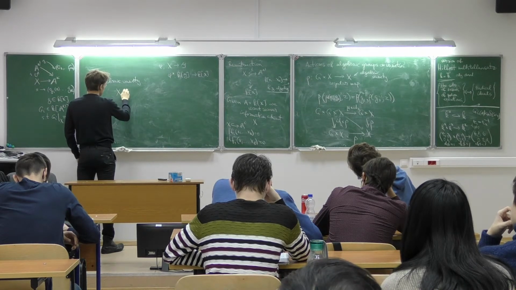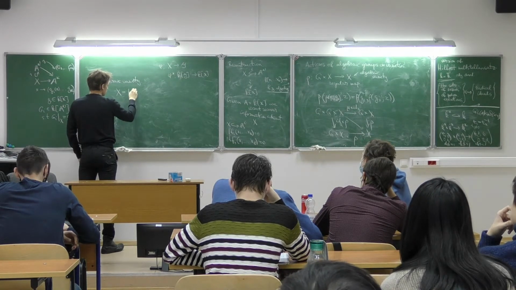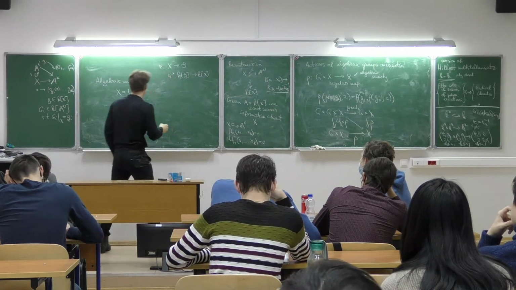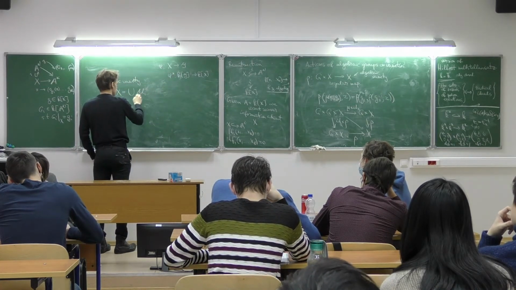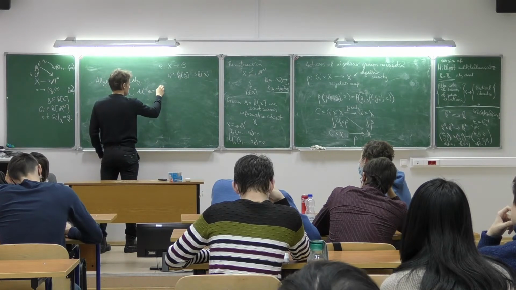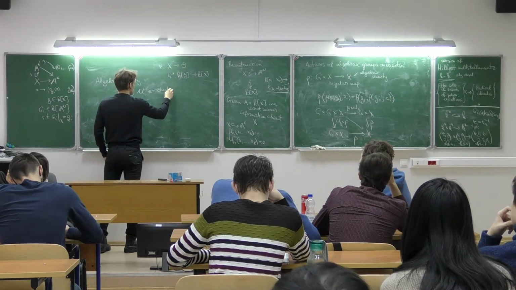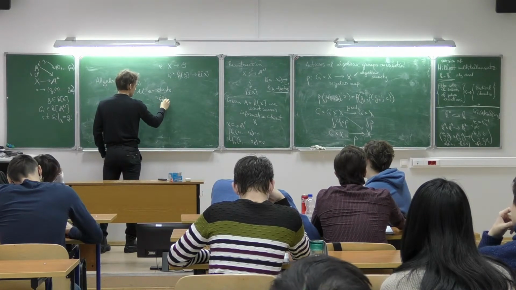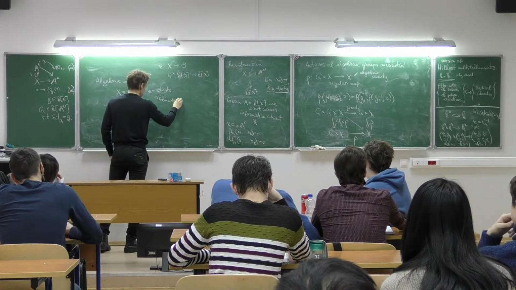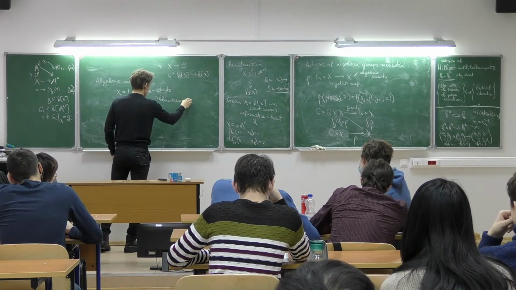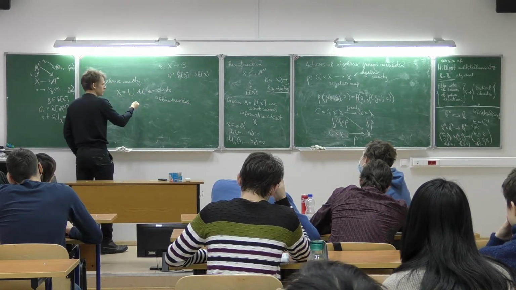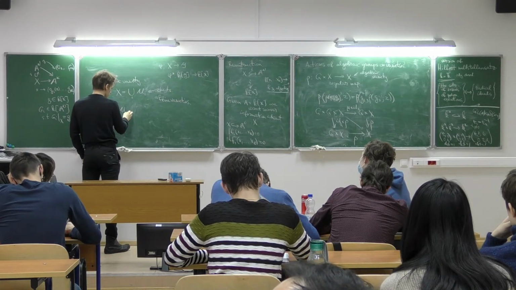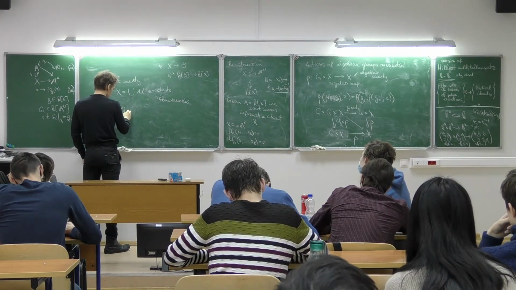So I assume that X is a topological space, covered by charts. These are called charts, and these are affine varieties. If I want to glue the variety, I should specify what the maps are.